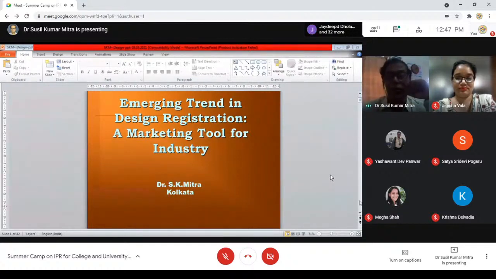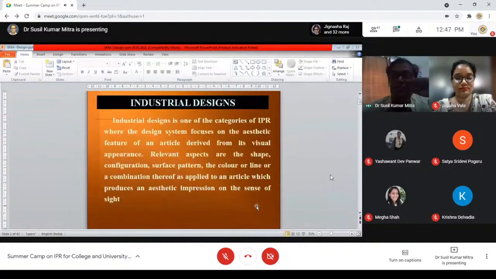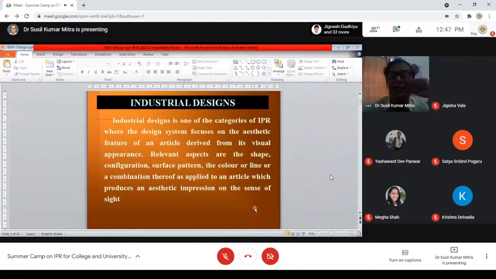Now I am coming to the next slide, that is, what is industrial design. Industrial design, as already mentioned, is a category of IPR, and the design system focuses only on the aesthetic features of the article. Whenever I go to the market to purchase a material, there is a technology, but behind the technology, the looks are what attract the customer.